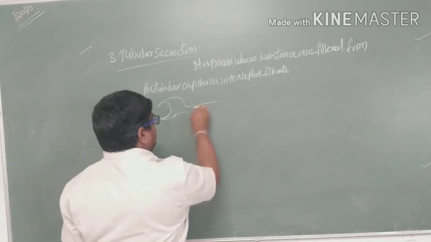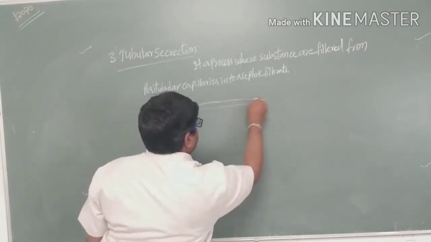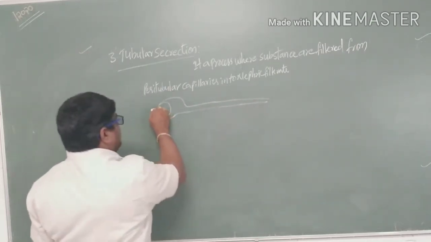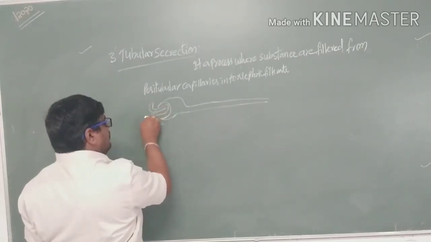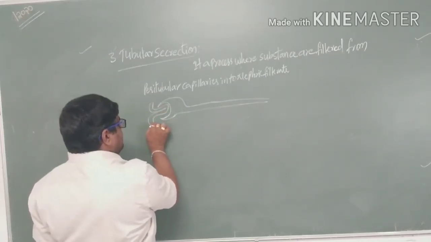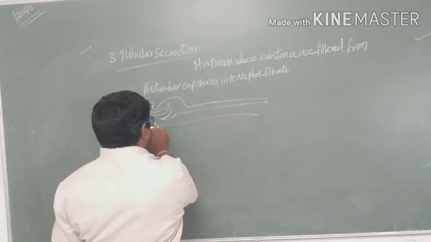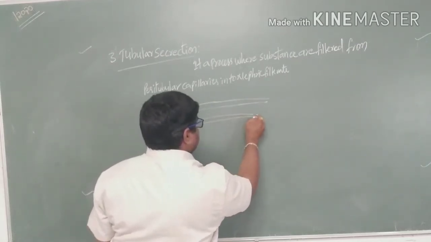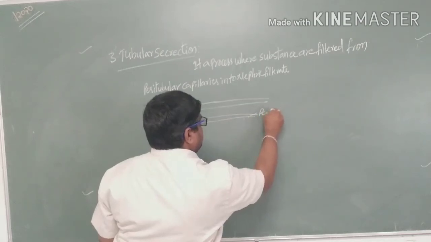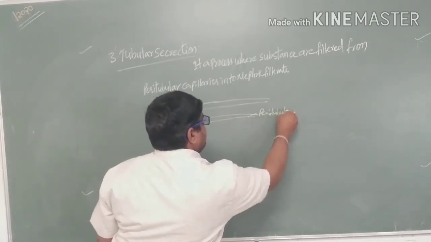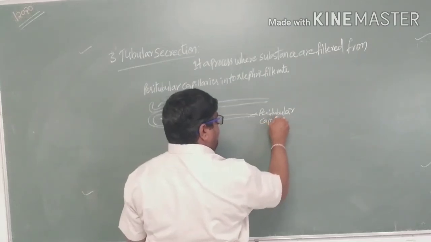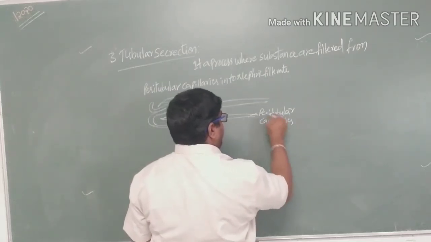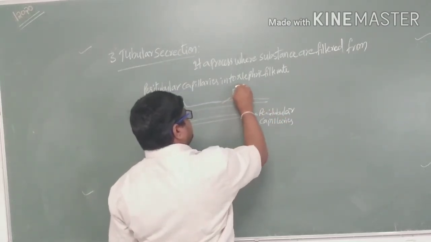So here, if you see, this is the nephron and this is a glomerulus. This is the peritubular capillaries, and this is the DCT.